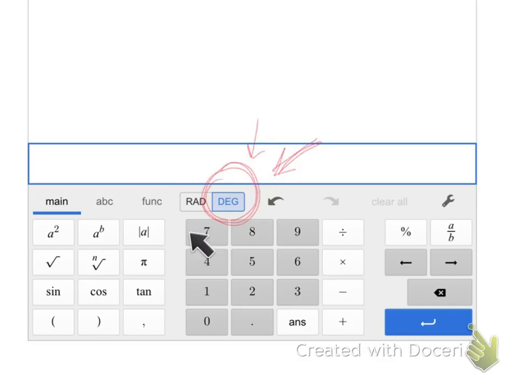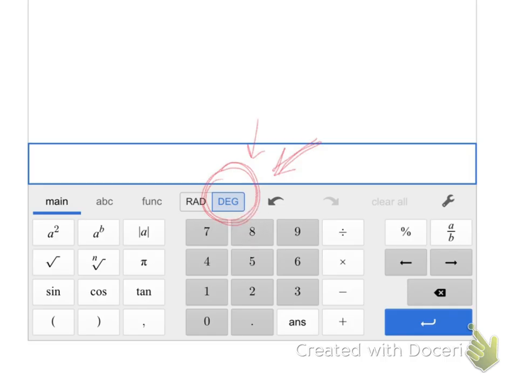So first off, what I need you to do is make sure that your scientific calculator is on degree mode like this. The easiest way for you to check if your calculator is in degree mode is you can put tangent of 45 and it's going to give you an answer of 1. If it doesn't, then it's not in degree mode, okay? But this right here is in degree mode.